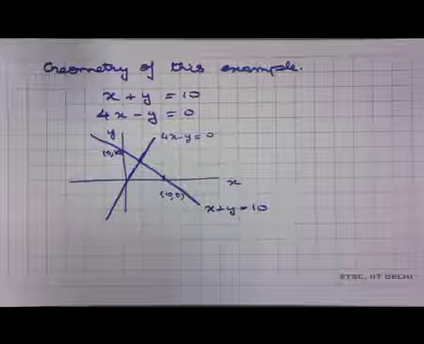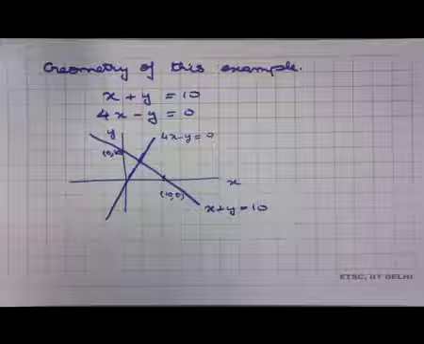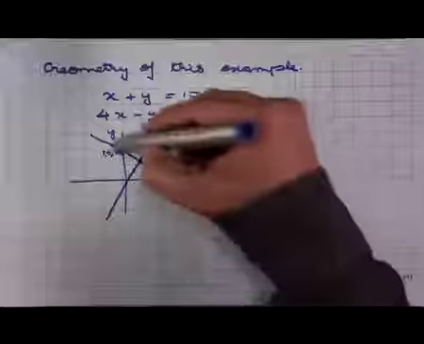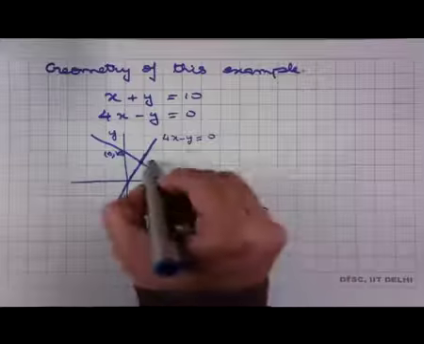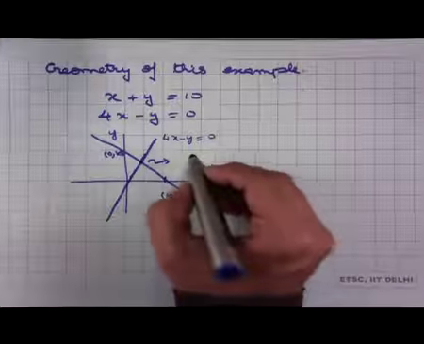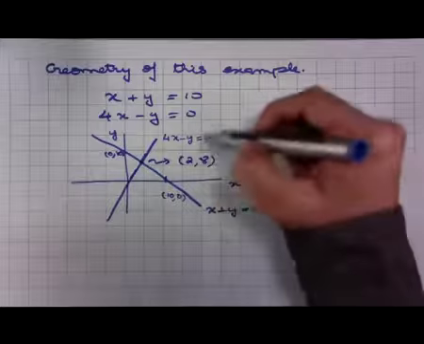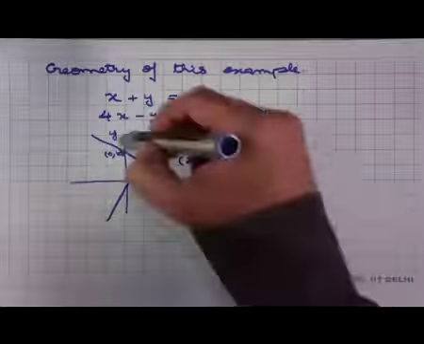And what are we trying to do when we are trying to find a solution for this? We are trying to find a set of values small x, small y, which will satisfy both these equations. So, from a geometric point of view, what we are trying to see is whether these two lines intersect at a point or not. Why is that? Because if they intersect at a point, then that point is going to satisfy the equation of both the lines. Based on the previous analysis of the example, this is the point (2, 8), and we have seen that it lies both on this line and also on this line.